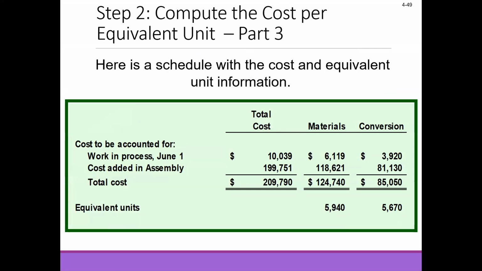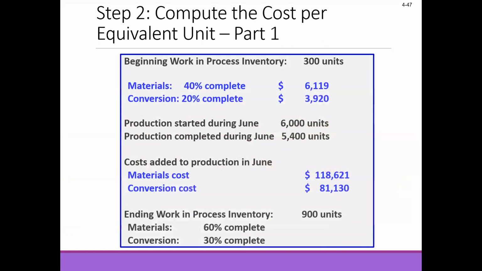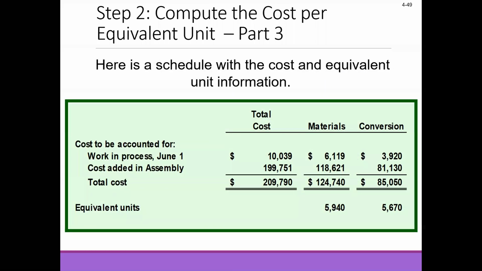So we have our work in process at the beginning of the month. We've got our materials and our conversion costs totaling 10,039. We added during the month materials of 118,621 and conversion of 81,130. I believe it showed us that right here. We're adding them to give us our total costs.